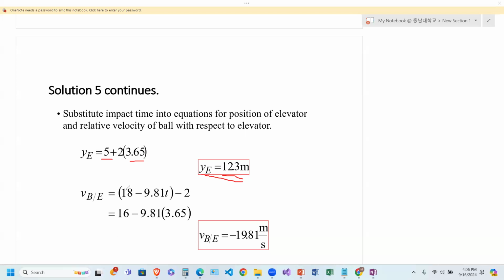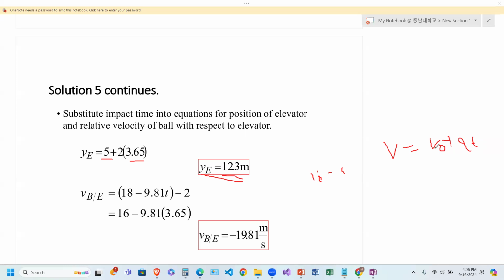Now when you substitute in here, because remember our velocity V is the same as V naught plus AT. Remember that equation.